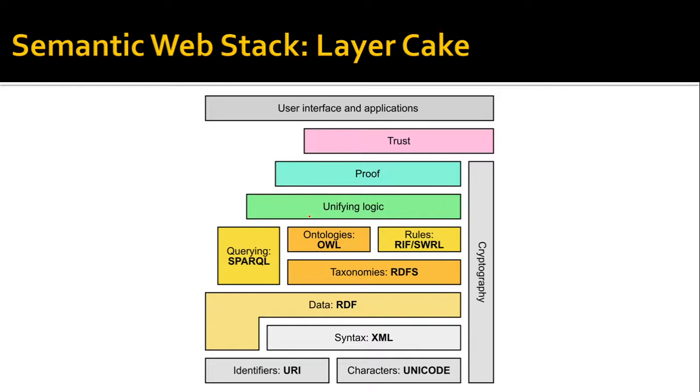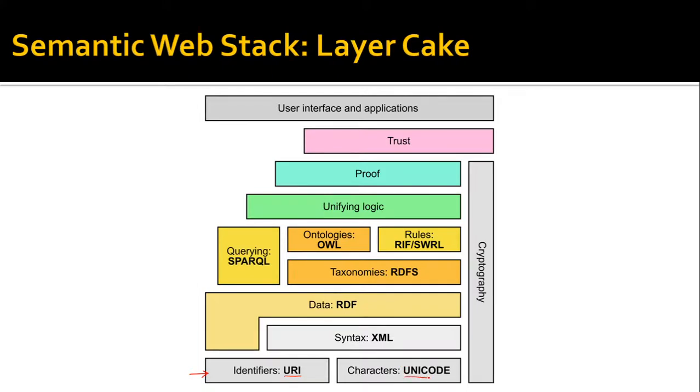But to give you a broad overview, let me start with the lowest level. As we were talking about earlier, every data item should be identifiable. So you need an identifier, and as identifiers, the semantic web makes use of the Uniform Resource Identifier for the data items.